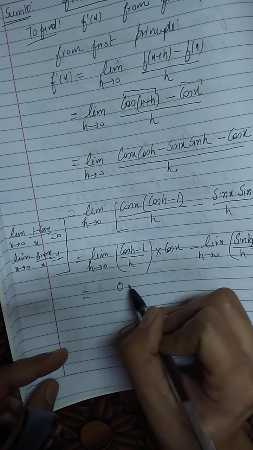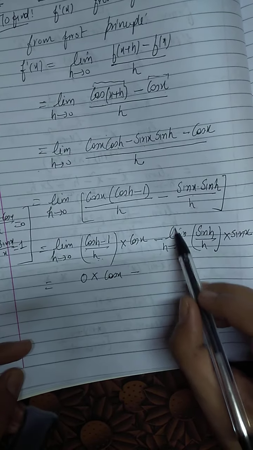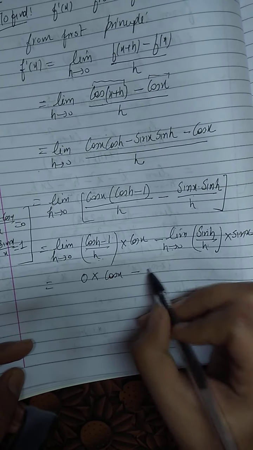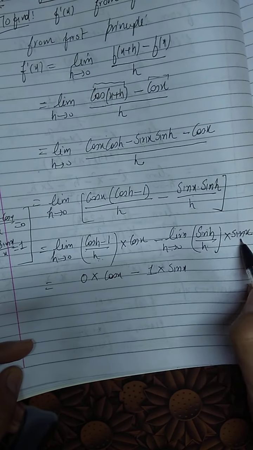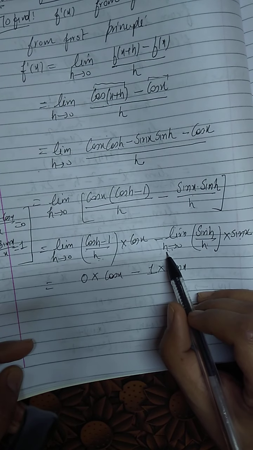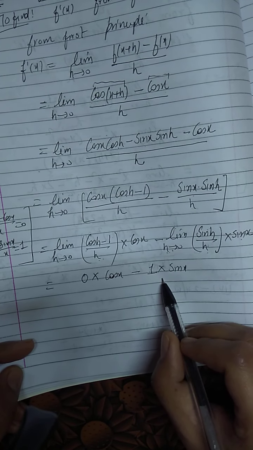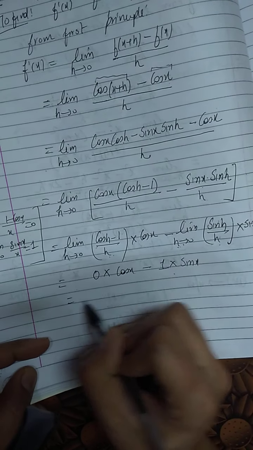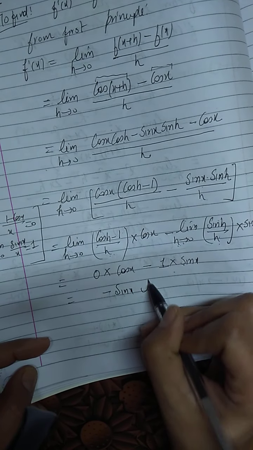So here the answer will become 0 into cos x minus limit h approaches to 0 of sin h upon h, which is 1, into sin x, which will come as such, because the limit is for h only. This sin x is coming as such.